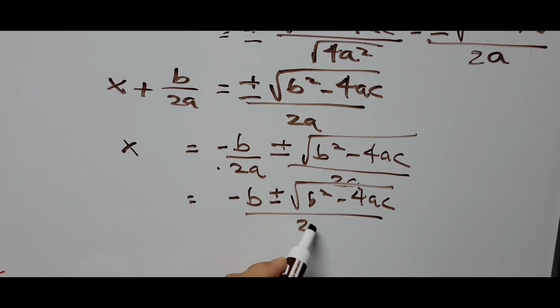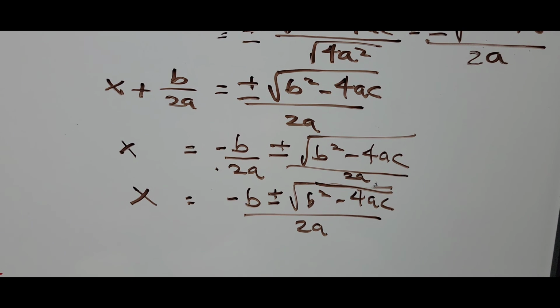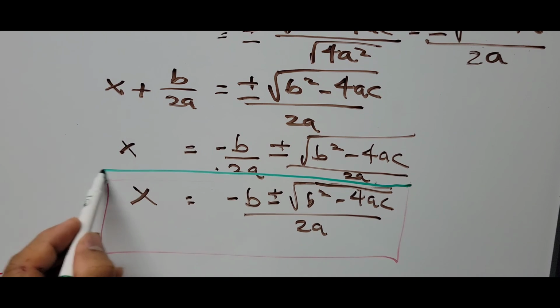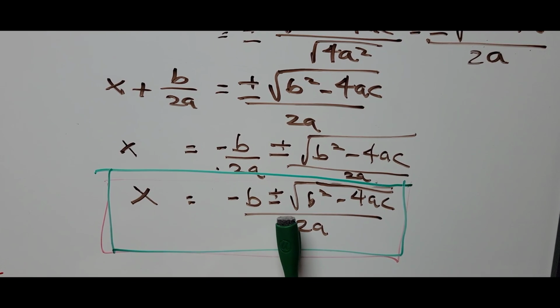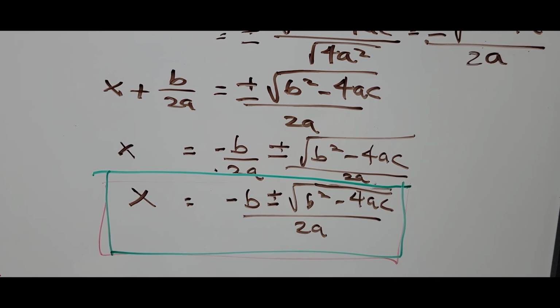Now if you notice, this is the quadratic formula already. We have derived the quadratic formula: x is equal to minus b plus or minus the square root of b squared minus 4ac all over 2a. That's the value of x.